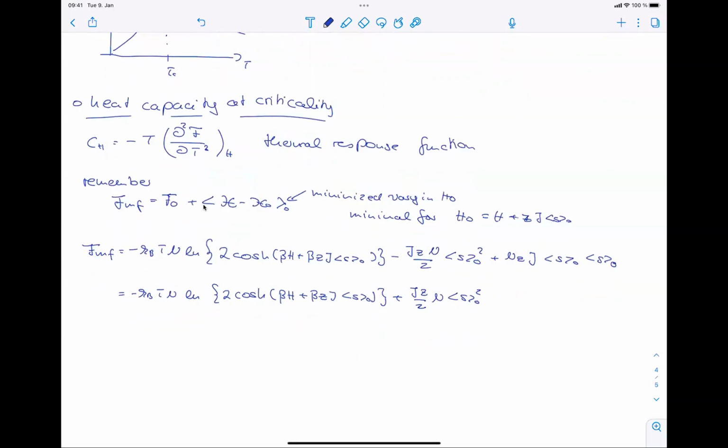Okay. And now, as before, we don't want to deal with these logarithms. So we expand for magnetization being small, H being small, and the reduced temperature being small, and then express our results again in terms of the temperature, not the reduced temperature.